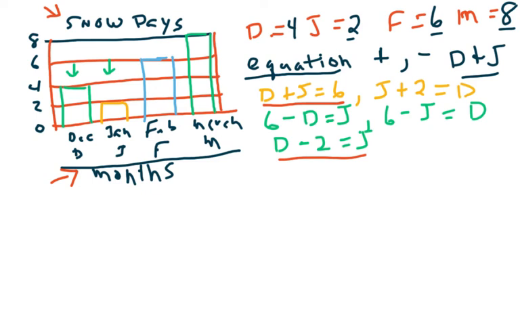Now we could try and look at some more information from the graph. Which month, for example, had 4 times as much snow as January? Okay? Which month had 4 times as much snow as January? You can look at your graph, you can look at your numbers and try to figure it out.